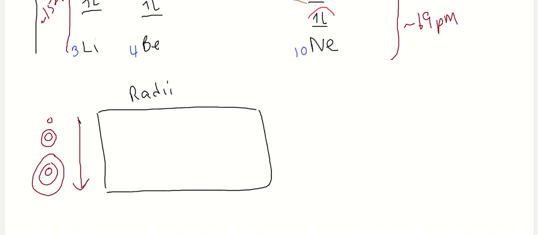Even though you have a greater nuclear charge going down, the shielding effect is the primary factor. So atoms get larger. As you go to the right, atoms get smaller.